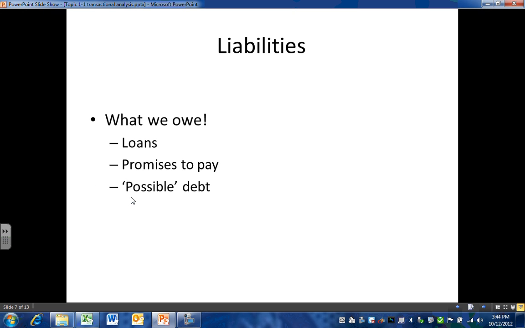And these are things that are going to be probable to require us to make a payment sometime in the future. And we will study this in Intermediate 2 to determine when we have to accrue these types of contingent liabilities.